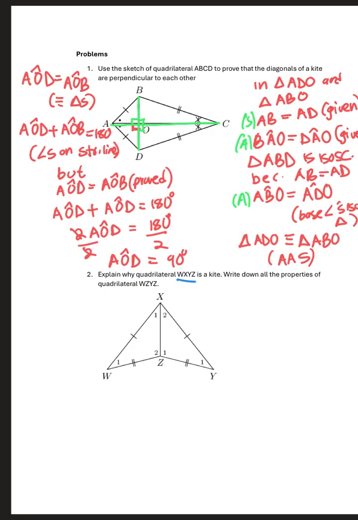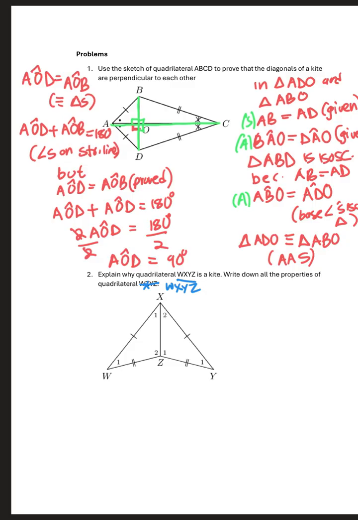Write down all the properties of quadrilateral WXYZ. Here it's a typo, it's supposed to be WXYZ. Now let's write the properties of WXYZ, right?